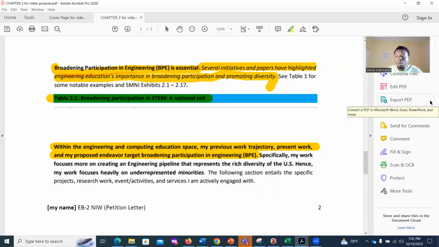You want to make sure you tell a coherent story. If your trajectory all this while aligns, then you want to make sure you present it in your petition. So this person is saying that, see, I did not just come to this stage by magic. Right from my bachelor's degree days, in fact, right from my high school days, this is what I have been doing, with exhibits, with evidence.